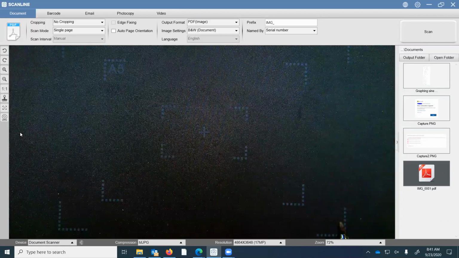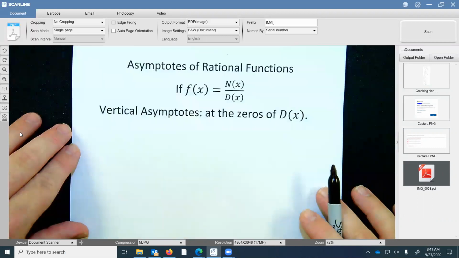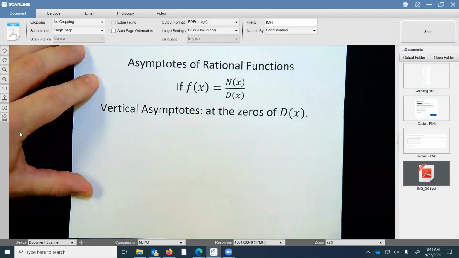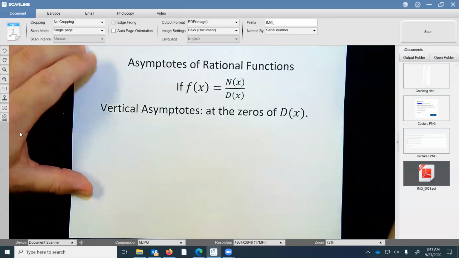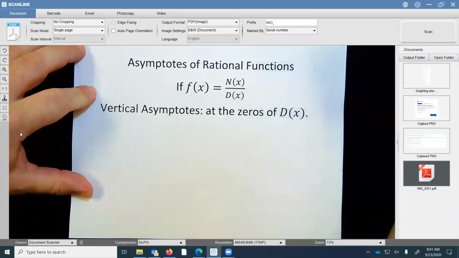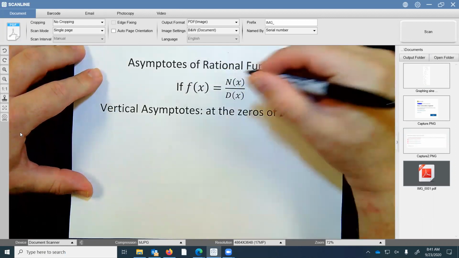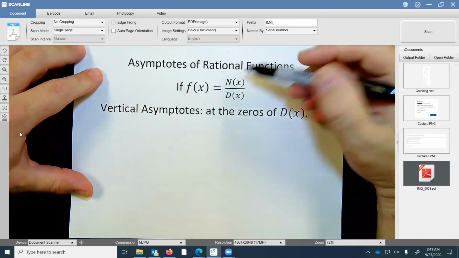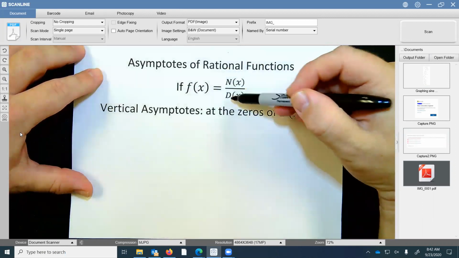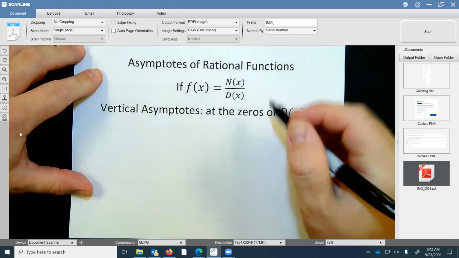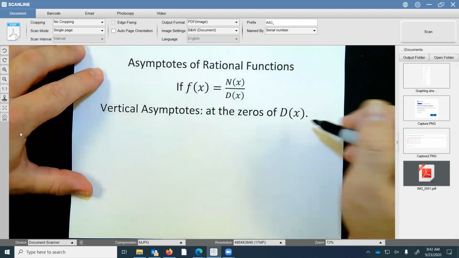Vertical asymptotes are really easy to find. You're going to want to write this down because the horizontal asymptotes wouldn't fit on this page. So, asymptotes of rational functions. If n of x over d of x, n standing for numerator and d for denominator, the vertical asymptotes occur at the zeros of d of x.